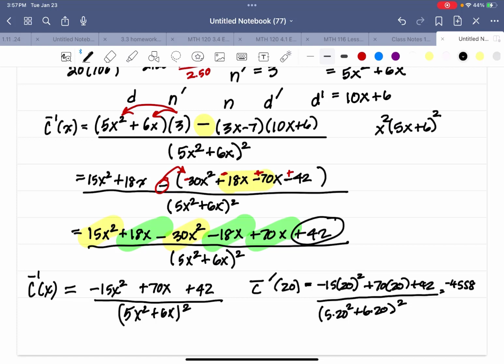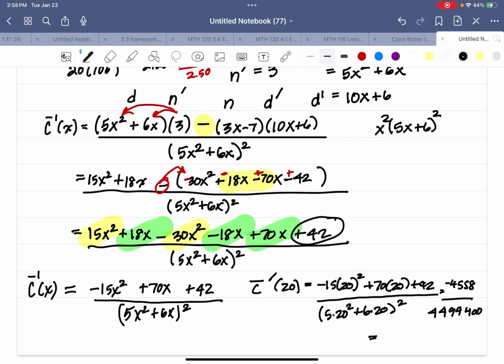So again, I'm putting parentheses around it. I'm using the dot for times because parentheses and parentheses kind of get confusing. So parentheses, 5 times 20 squared plus 6 times 20, close parentheses, all squared, is 4,494,400.